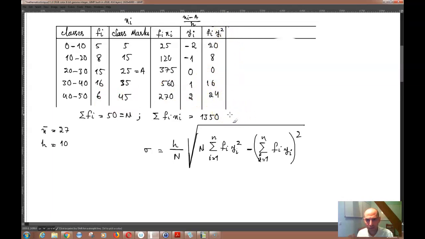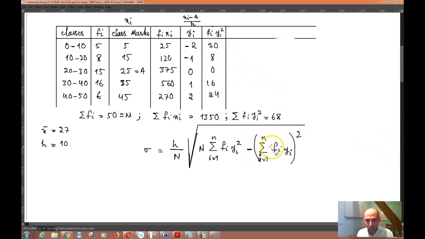And so sigma f(i) y(i) squared is equal to 20 plus 8 is 28, and over here you have 16 and 24, which is 40, so that's 68.